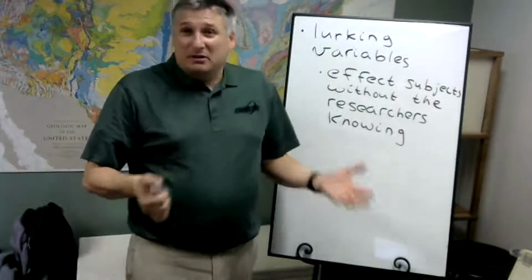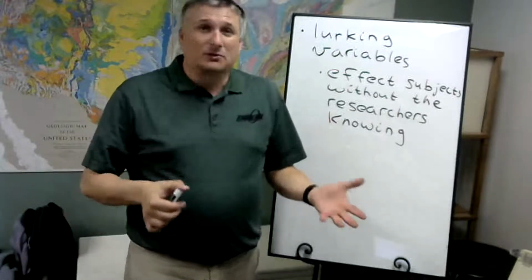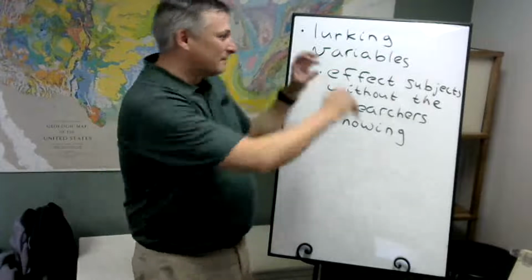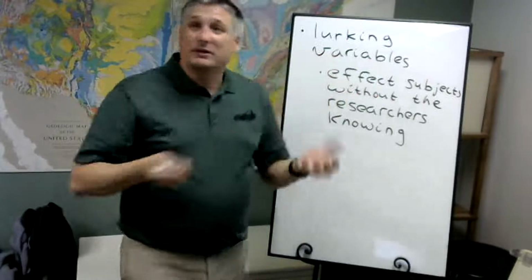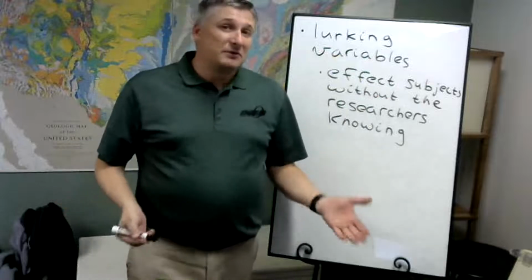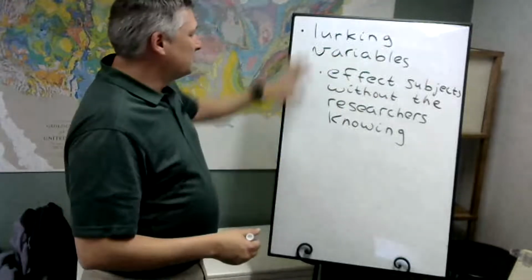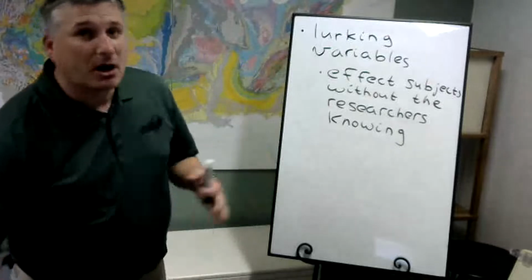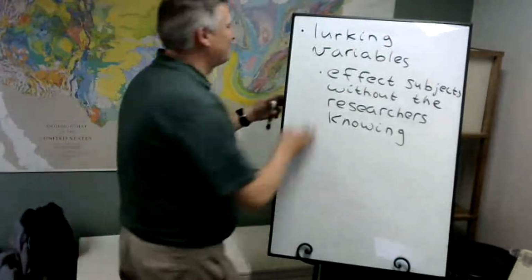So that could be a lurking variable for some researchers. They might not realize that having Idaho Potato Group written on top of the survey or having the t-shirt on might be influencing their subjects. So lurking variables, these can come up in observational studies a lot.